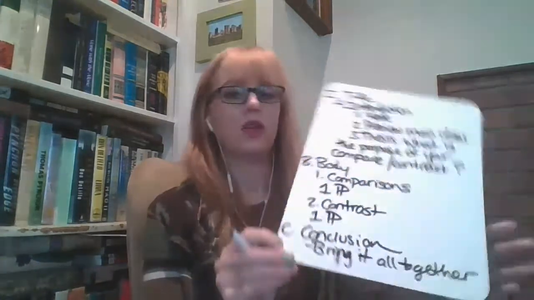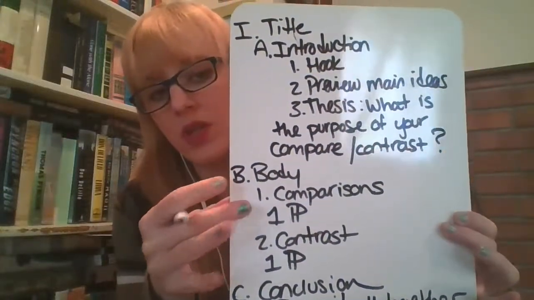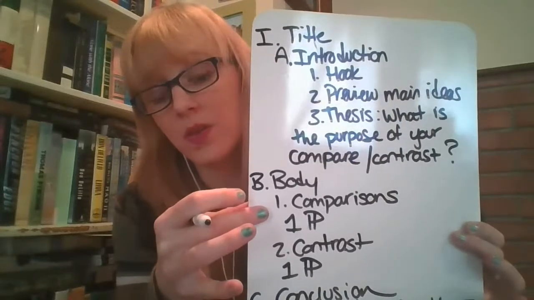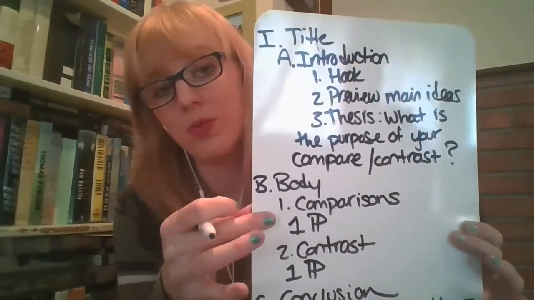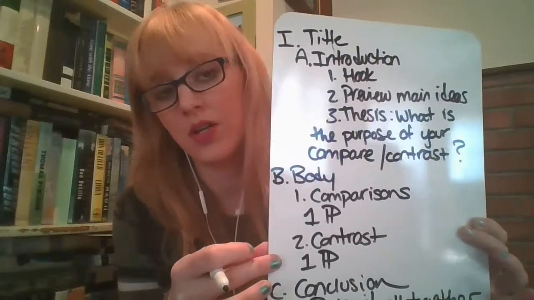And then you would bring it all together in the conclusion. All right, so you can either do it, you know, similarities, differences, or maybe there are a lot of similarities and only a few differences. So maybe you have 2 paragraphs on the similarities and 1 paragraph on the contrast.